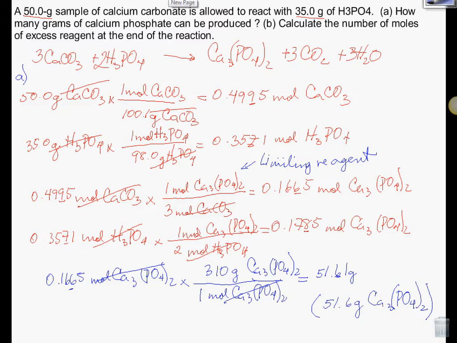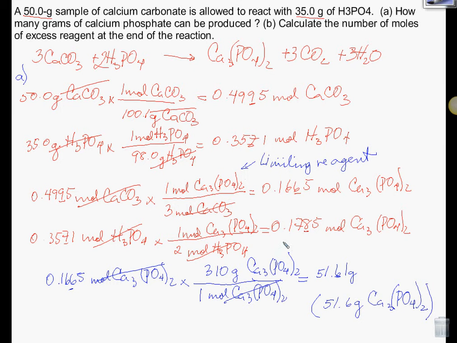Now to solve letter B, I'm going to open a new window. It says calculate the number of moles. So what we have here is the amount of excess phosphoric acid. This is the amount of phosphoric acid that we have.